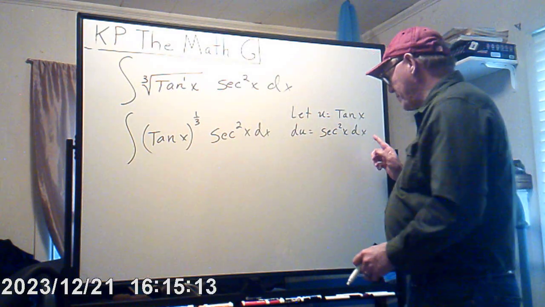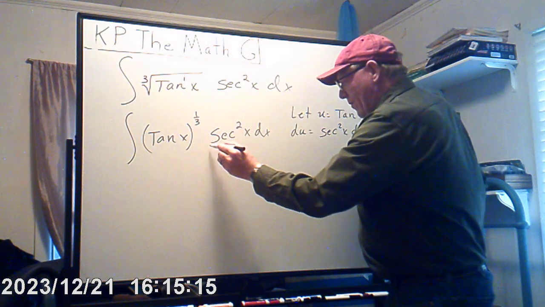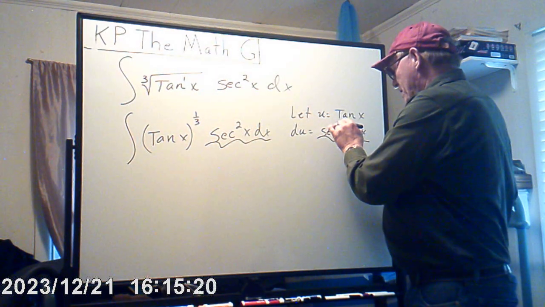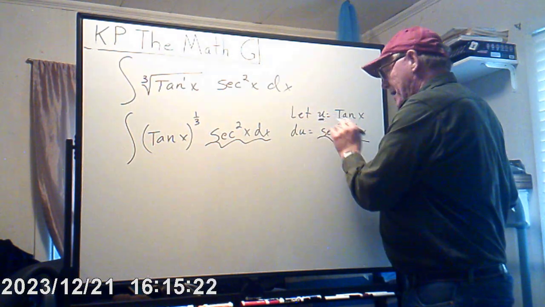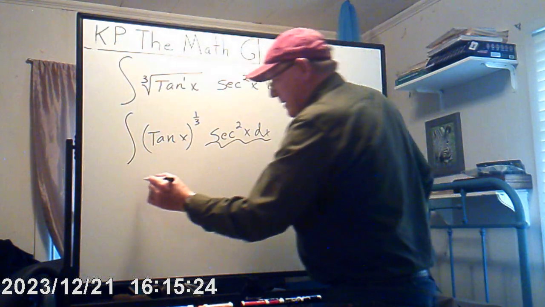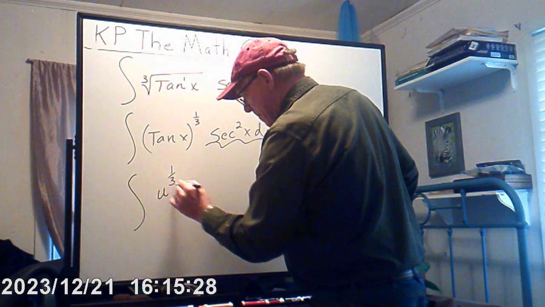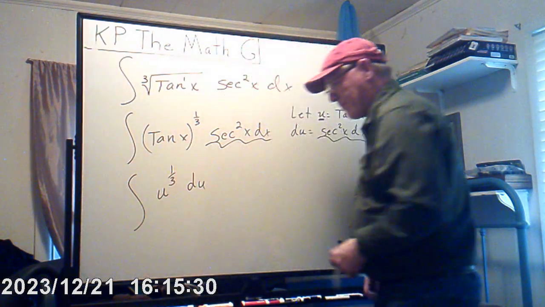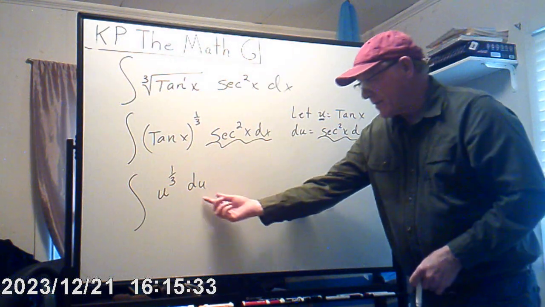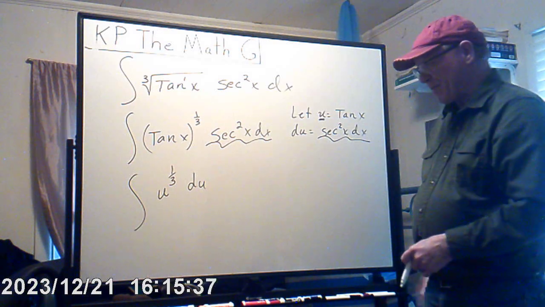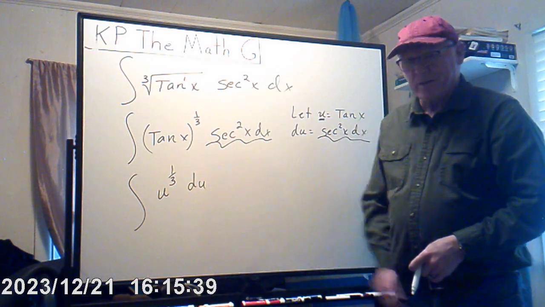And then dx here. See, I have all of this right here. Alright? U is tangent x, so here's what I've got. In substitution, I've got u to the 1/3 du. All of that is du. Du is secant squared x dx.